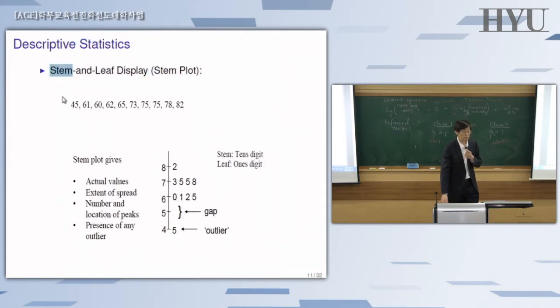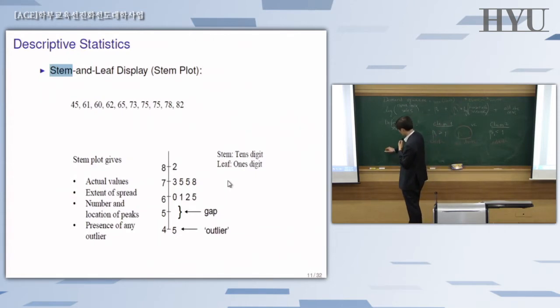Does anybody know the meaning of this stem? What is a stem? Oh, yeah, exactly. If you look at a vegetable, like spinach or something, there's a main body of that vegetable. That's called a stem. And then leaves come out of this stem.